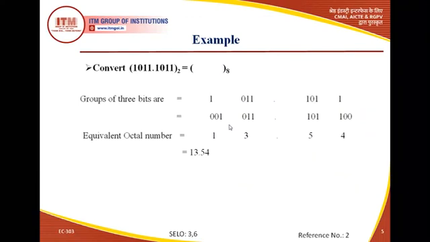The equivalent of 001 is 1, 011 is 3, 101 is 5, and 100 is 4. So the octal equivalent of the given binary number 1011.1011 is 13.54. In such a manner we can convert a binary number into an octal number.